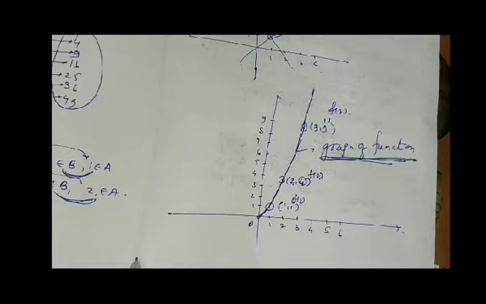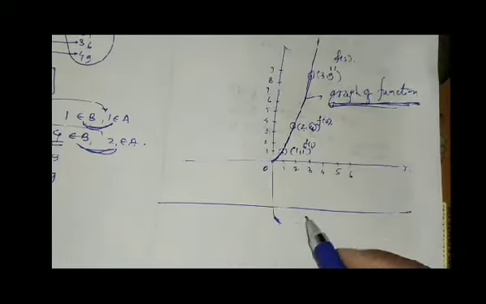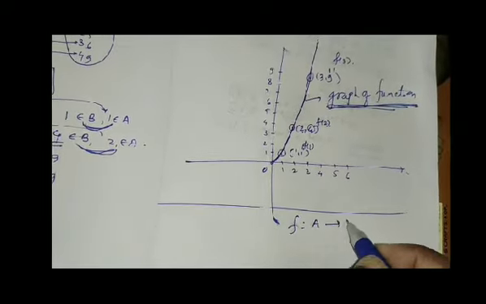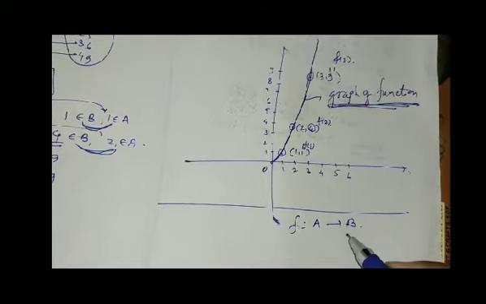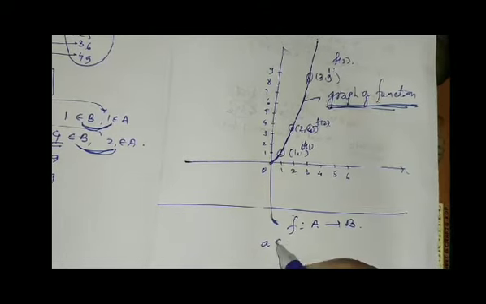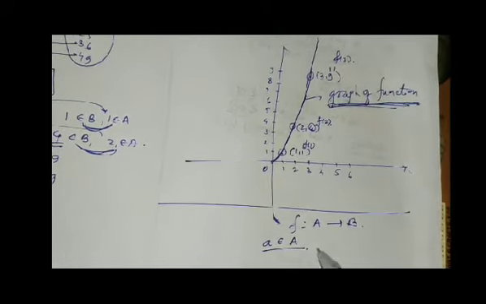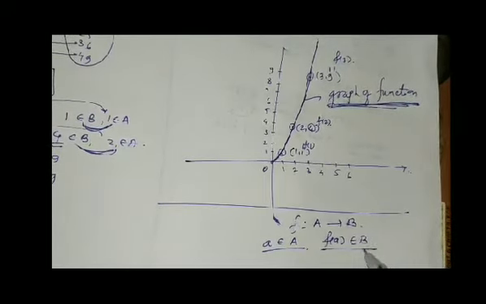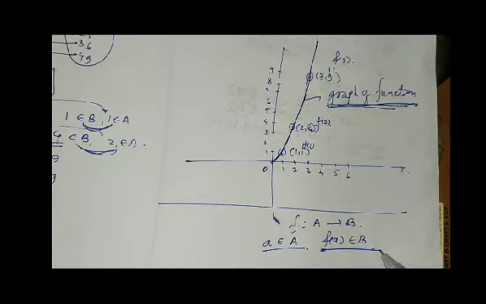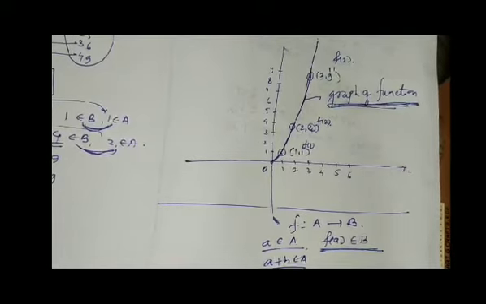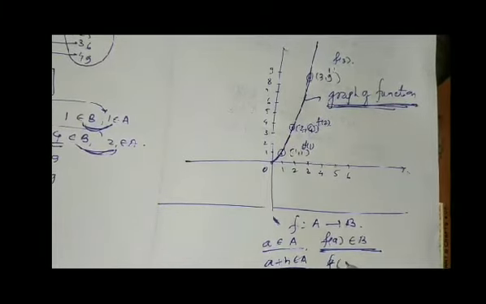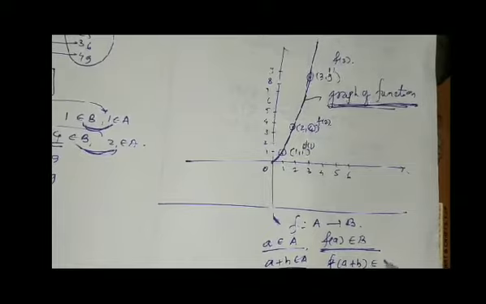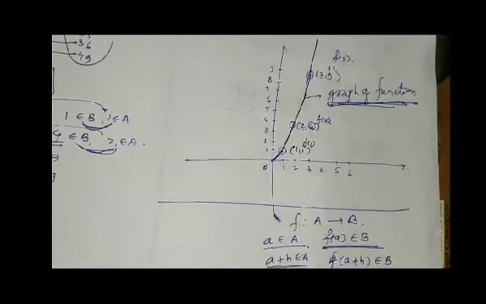So see here, f is any function defined from A to B, and a is any element belonging to A, then f of a is an element of B. Remember this.